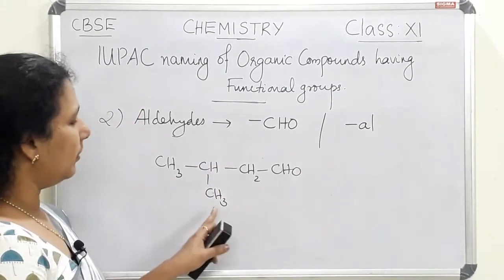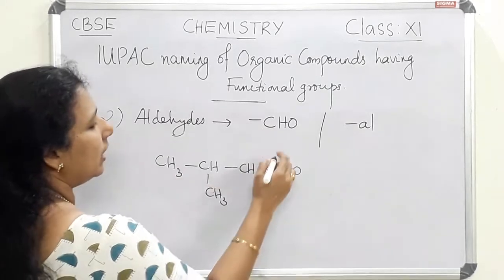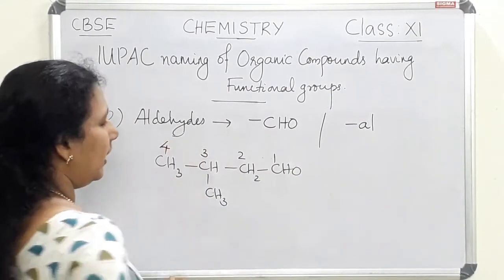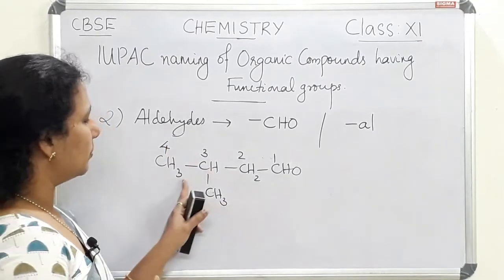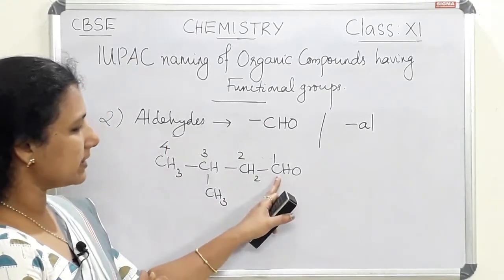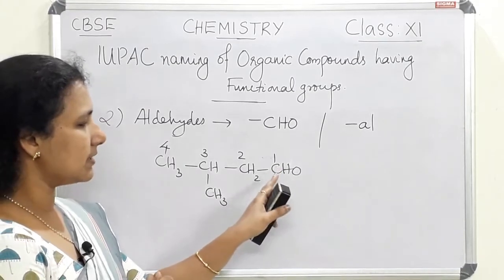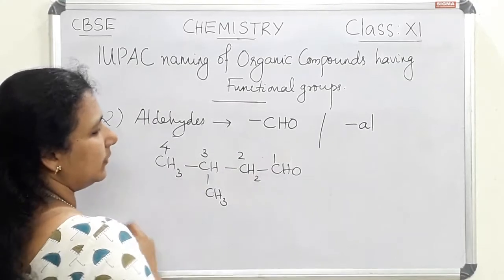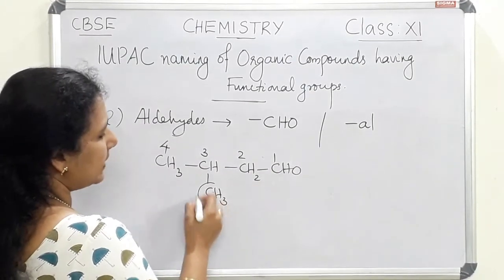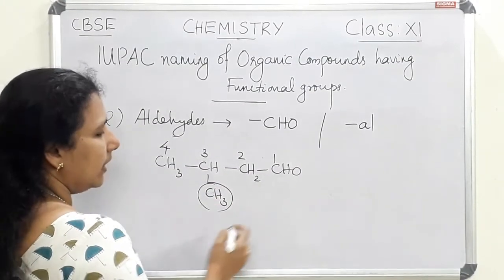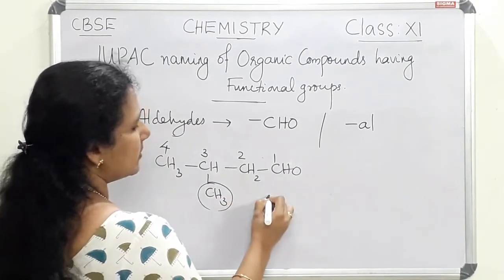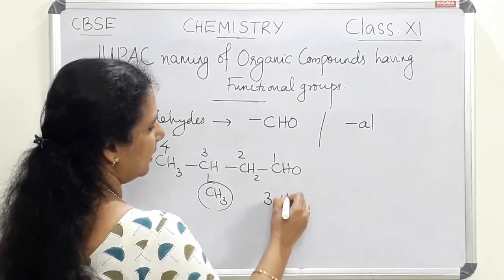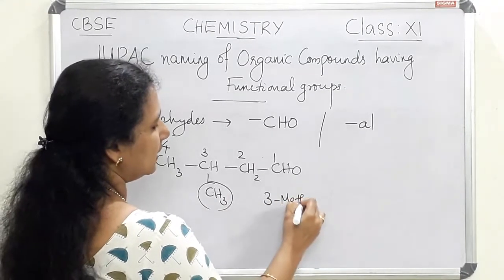If this is the compound, in this case there are 4 carbon atoms in the longest chain, and this should be the numbering, or this way of numbering is the right way. That means the functional group should get the lowest number. So this way of numbering is the right way, and we can see there is a prefix and we have to add the prefix first. That is in the 3rd position, so we have to add 3-methyl. This is a methyl group, so 3-methyl.